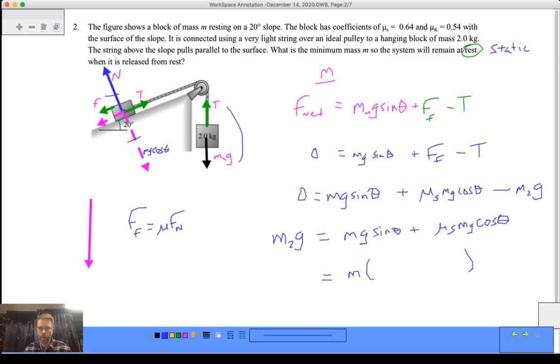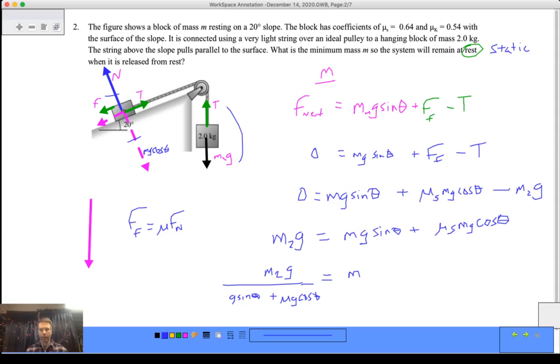So m2g, and at the same time I'm going to take that parentheses and stick it over on the other side on the bottom. If I take the m out, I've got g sine theta, and then plus mu, and if I take the m out, I've got g cosine theta.